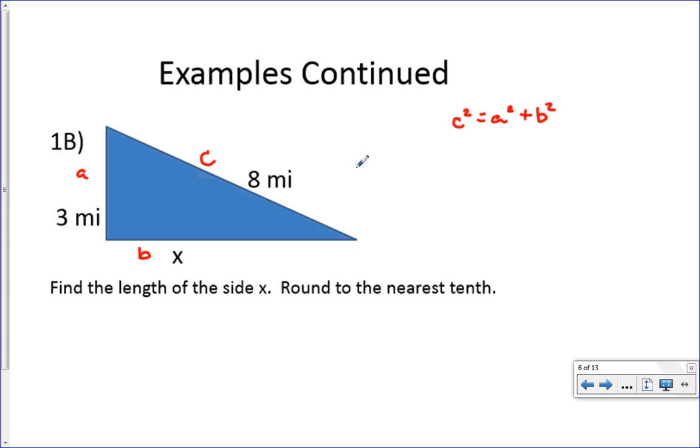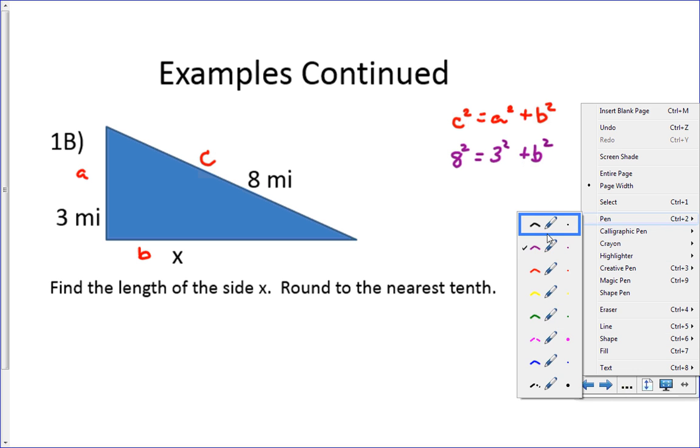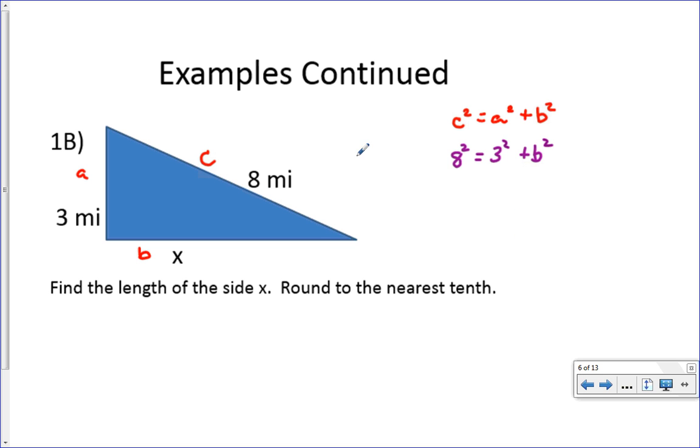I'm going to plug in my numbers. This time, c squared is one of the numbers we can plug in. So I got 8 squared here. A gets replaced with a 3. I square that. And then I have b squared. If I eventually want to get b by itself, I have to get rid of the 3 squared.